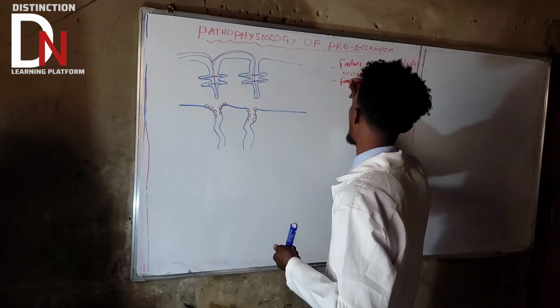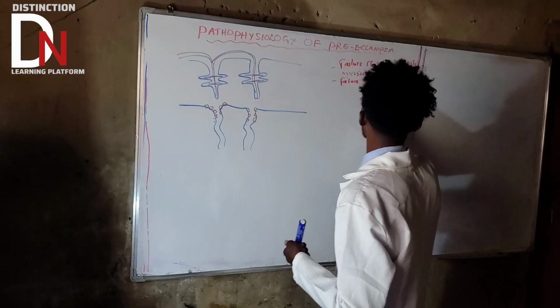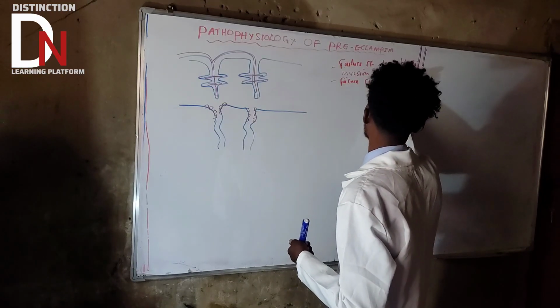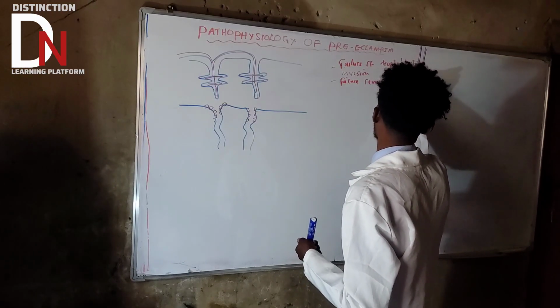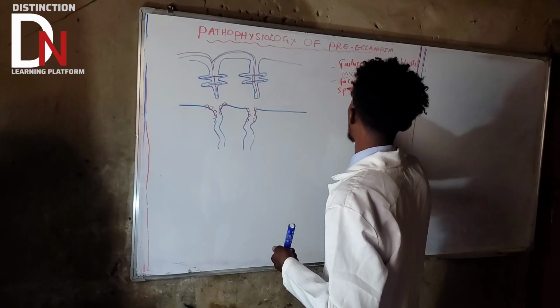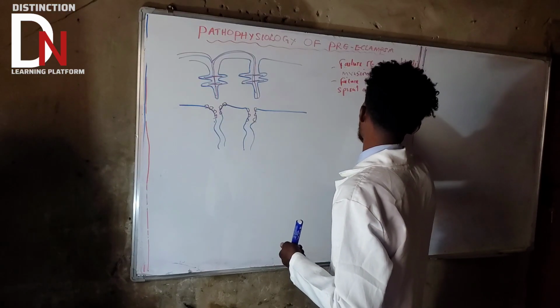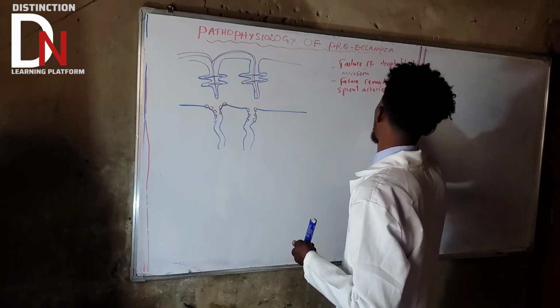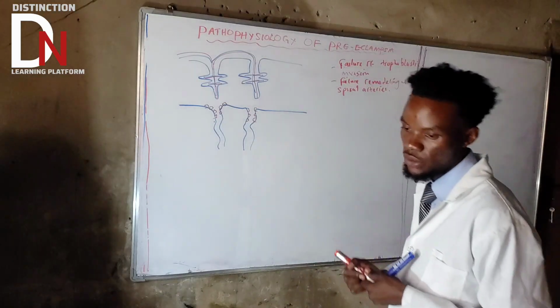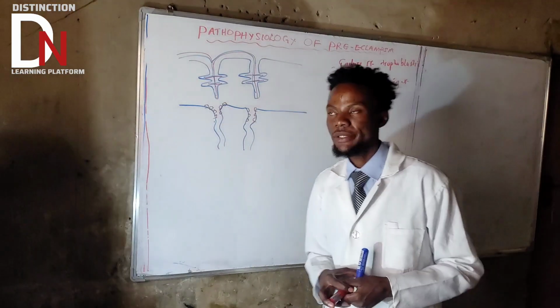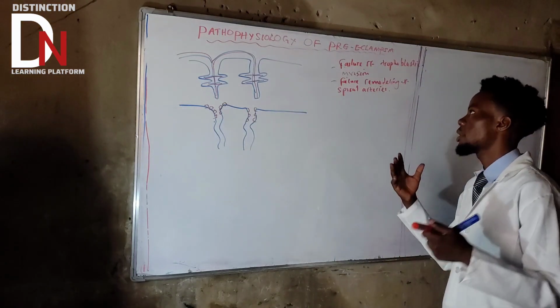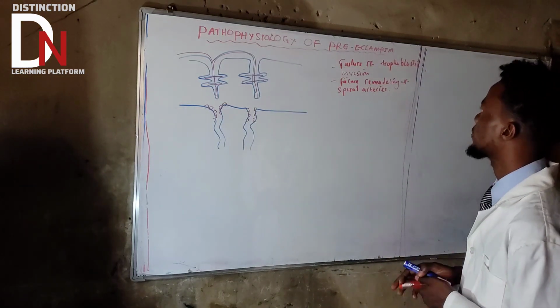So failure of trophoblastic invasion as well as remodeling of spiral arteries. Okay, so spiral arteries, remember that those are just the terminal branches of what? The uterine arteries. Okay, so that's basically the pathophysiology of pre-eclampsia.